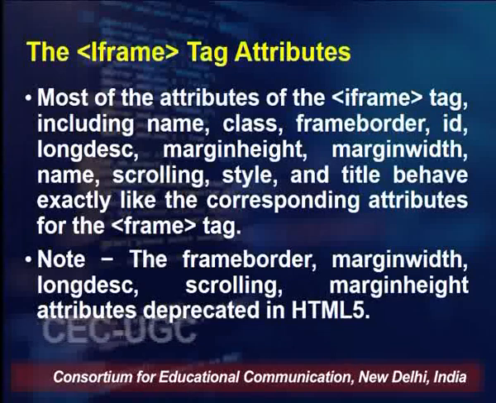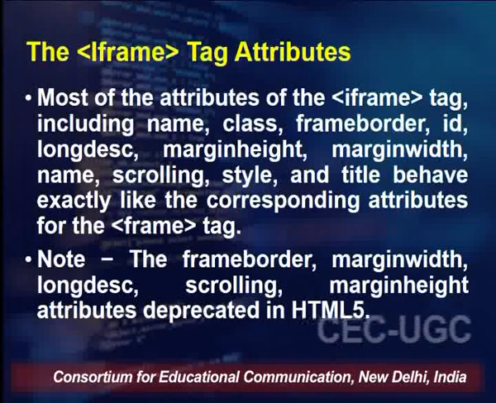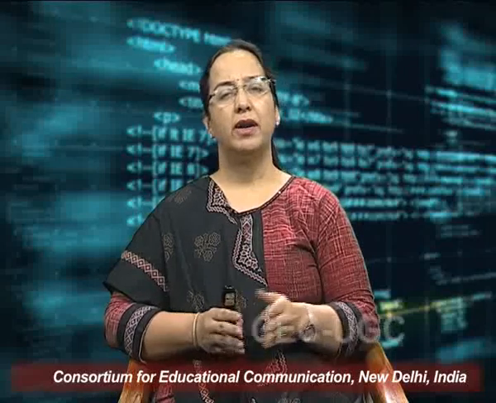Now coming to the attributes of the iframe tag. In previous lectures we have seen many attributes of the frame tag, like name, class, frameborder yes or no, then ID, marginheight, marginwidth, and scrolling. They behave exactly like the corresponding attributes of the iframe tag.